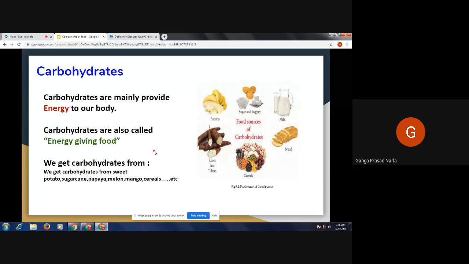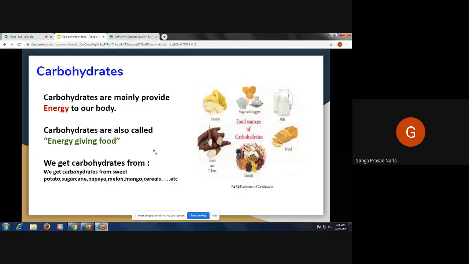Carbohydrates help us to... all of you write in the chat box. Carbohydrates mainly provide dash to our body.